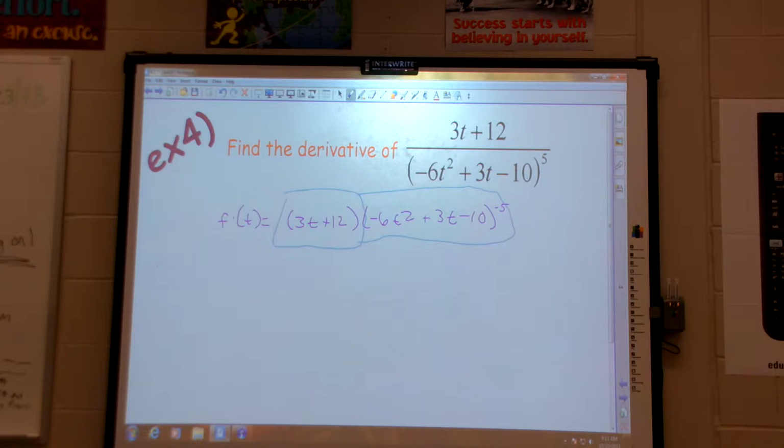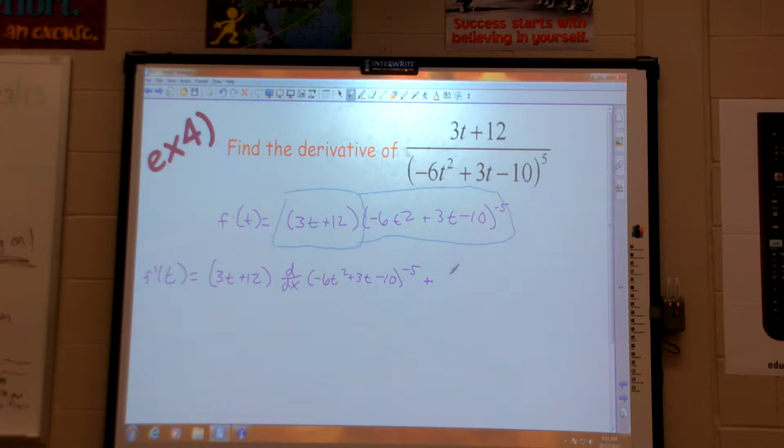Okay, so we have f prime of t. Remember, doing the product rule is taking the first times the derivative of the second. So all I'm going to write is that I need to take that derivative. I just put d/dx, saying take the derivative.